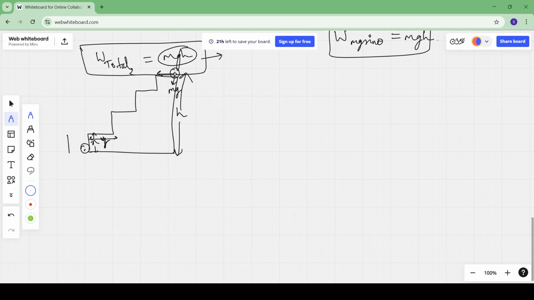So mg in this case is in the vertical direction, and initially the displacement is in this direction, and the angle between them is 90 degrees. If you talk about this as W1, this is mg multiplied by some distance y, with cos of 90. Cos of 90 is equal to 0.